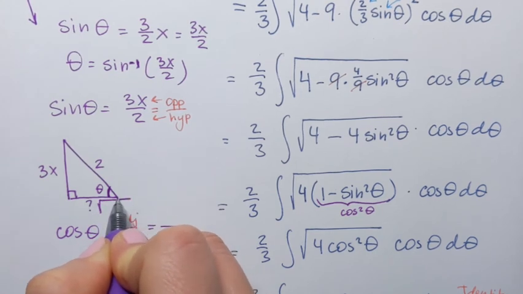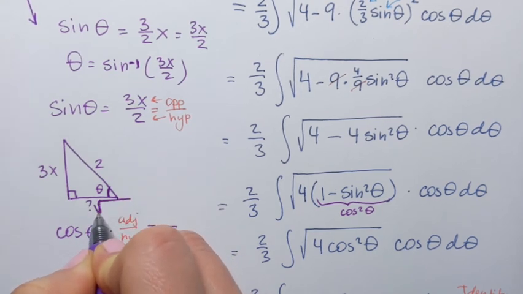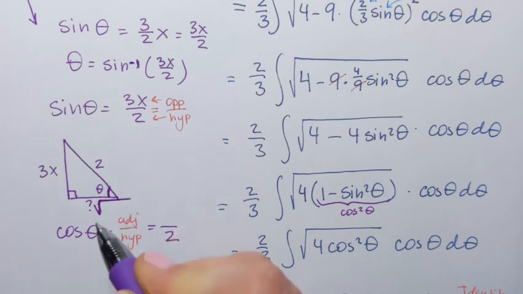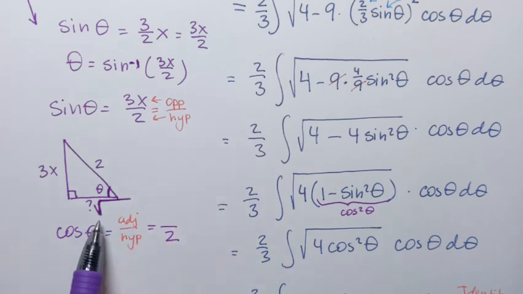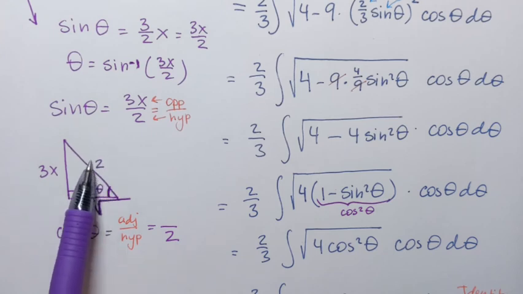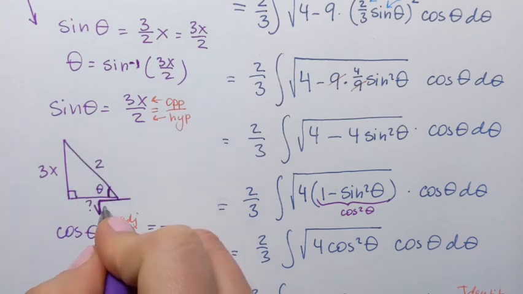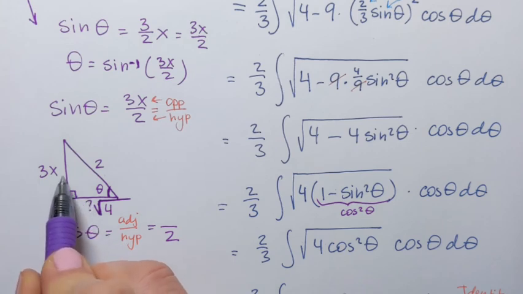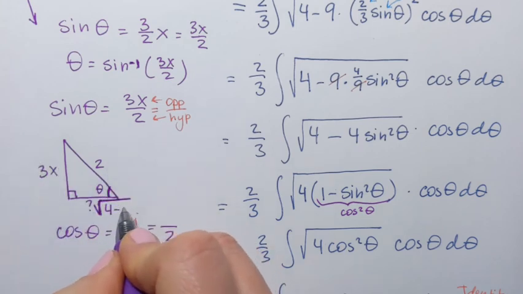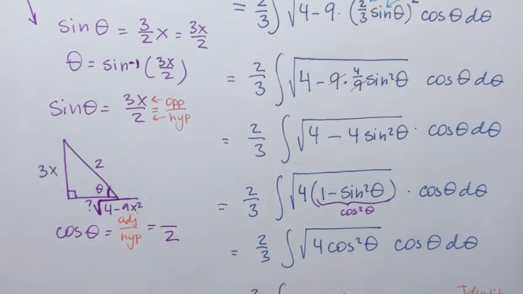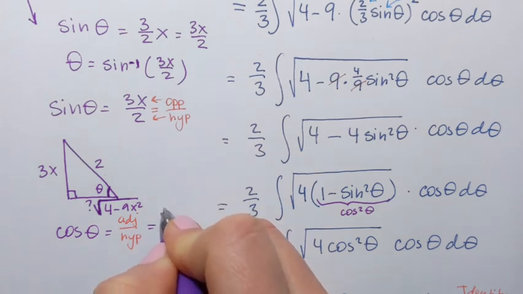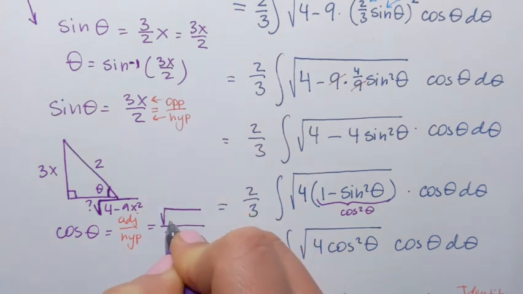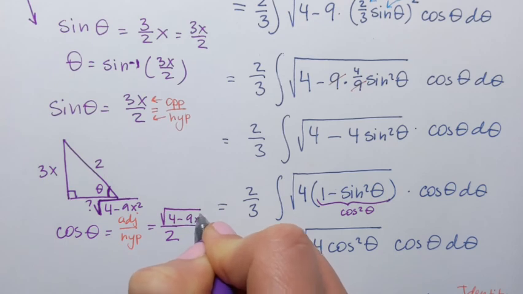If you saw previous examples, you looked at the steps behind it. I'm going to do it a little bit quicker this time. It's the square root of the hypotenuse squared minus the square of the other leg, minus 9x squared. So that's the adjacent side, square root of 4 minus 9x squared.